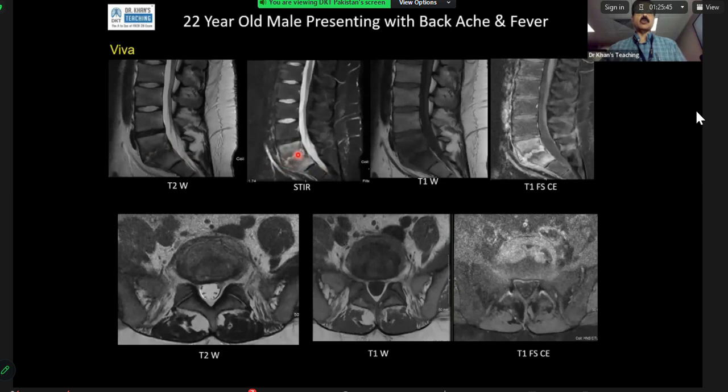They are partly destroyed. And if you just go by our formula of marrow signal, we can see that on T1 weighted sequence, the marrow is lower than the intervertebral disc. And of course, whatever is low is high on the STIR. On post-contrast, everything is enhancing. So please remember that when it is enhancing, it means there is no liquid component and it is still what we call a phlegmon.